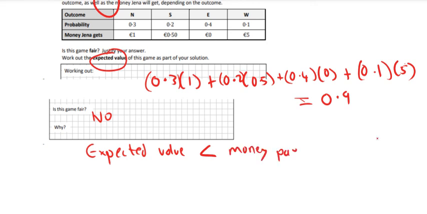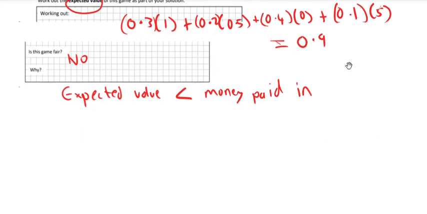You should probably write it out in a full sentence, but I'm just being lazy there. The expected value is less than the money paid to play the game. So that's all we need to say there. That's the last part, and that's everything for that question and for that paper.